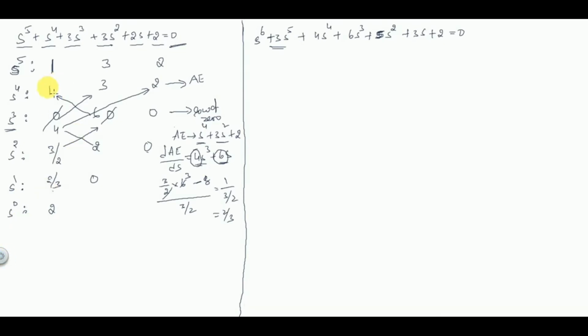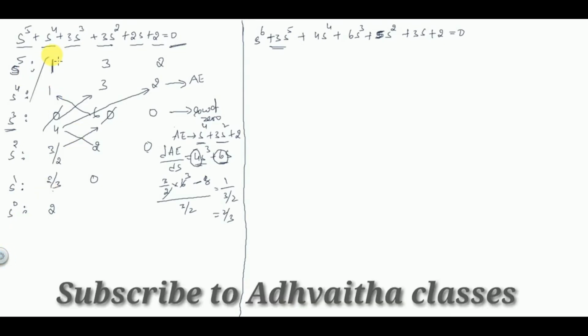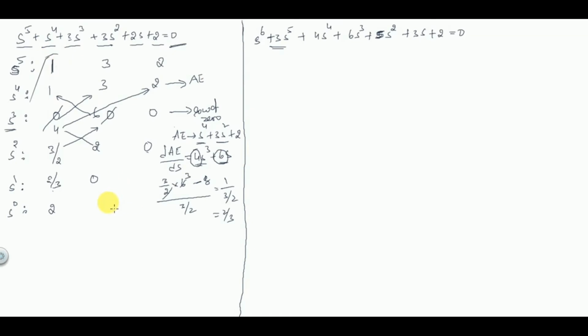If you observe here, a row of zeros occurred only once, and there are no sign changes in the first column of the Routh array. Yes or no? So a row of 0 occurred only once and there are no sign changes.